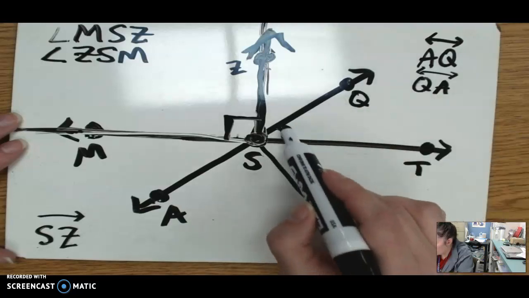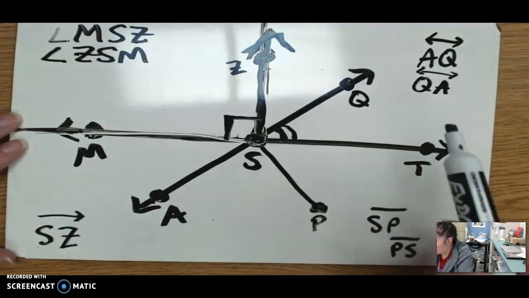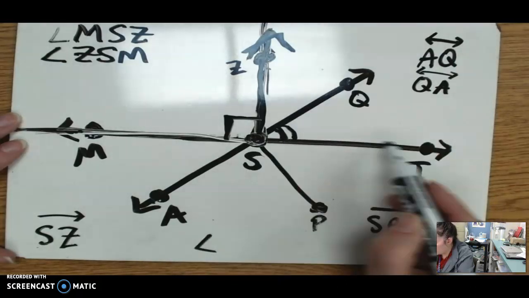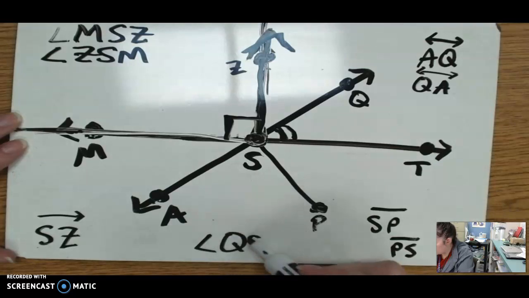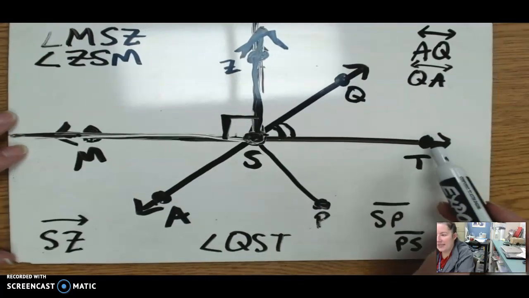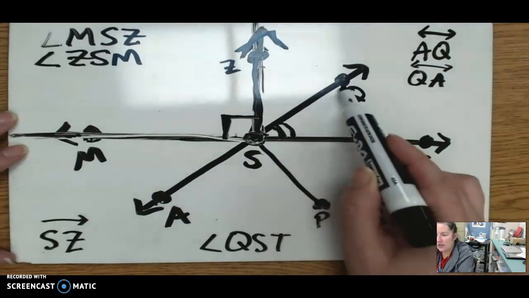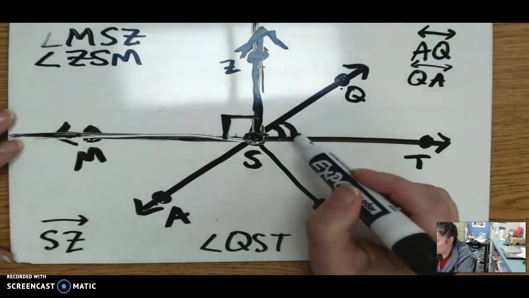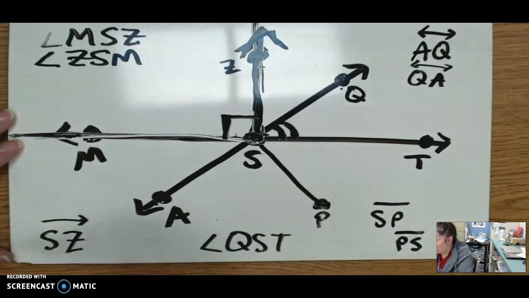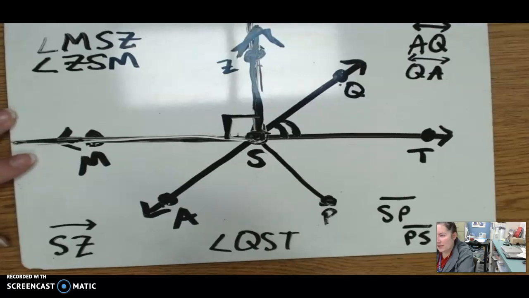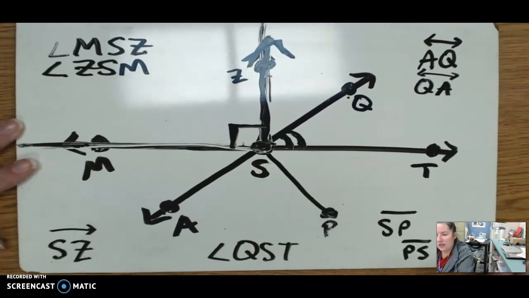How would we say this angle? Well, I would say that's angle QST, or you could say TSQ, and that would give us the space in between. So we're going to practice naming angles, lines, line segments, and rays in our pair deck today.